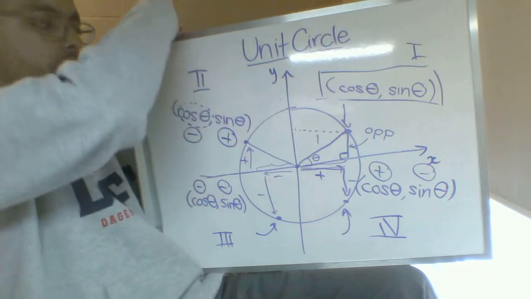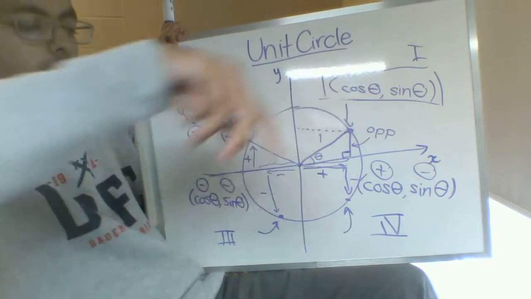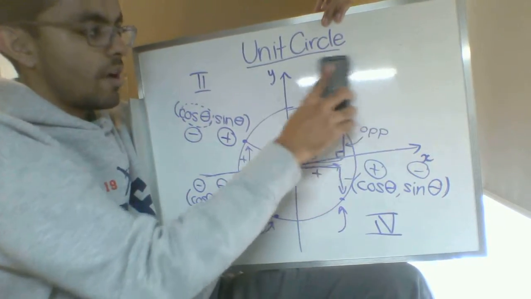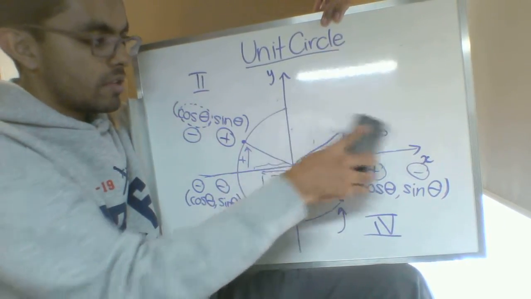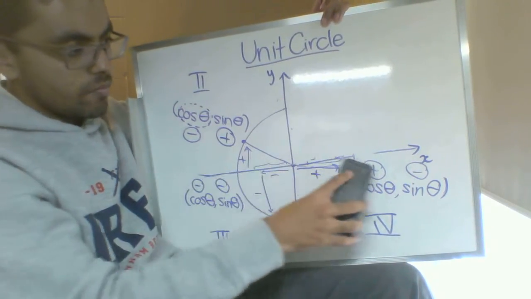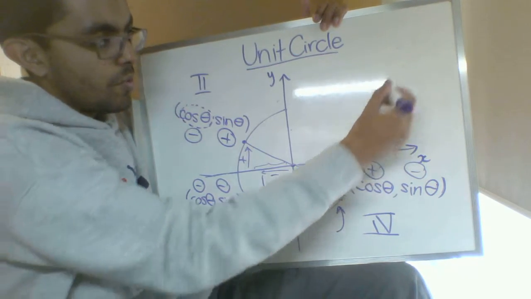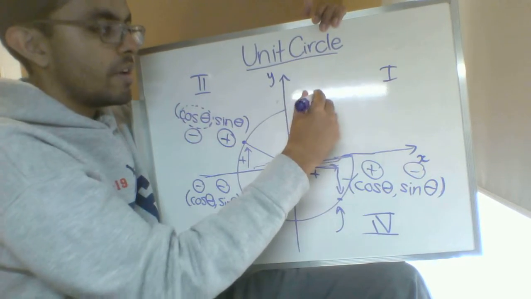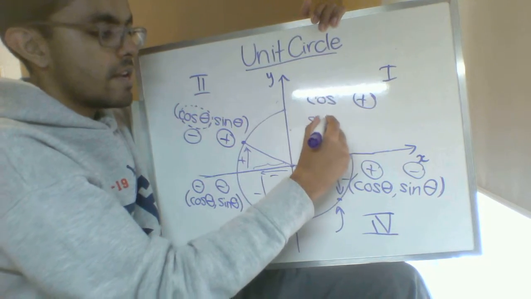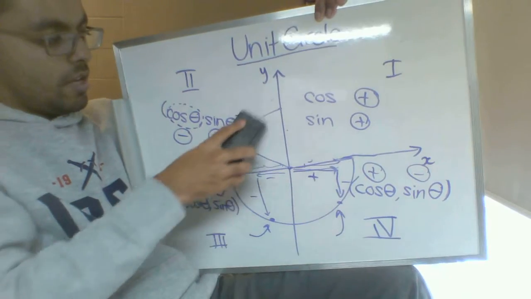All right, now let's see. So we've got up here cosine and sine are both positive, right? I'm going to get rid of this whole mess and leave just the graph, just the axes rather. So up here in the top right, in quadrant 1, we know that cosine is positive and sine is positive, right?